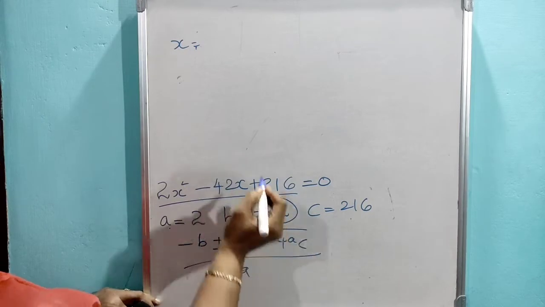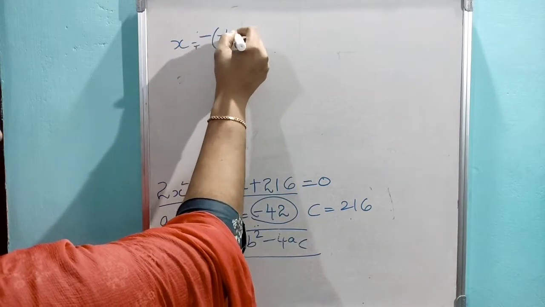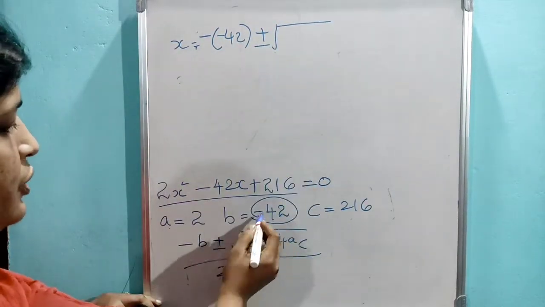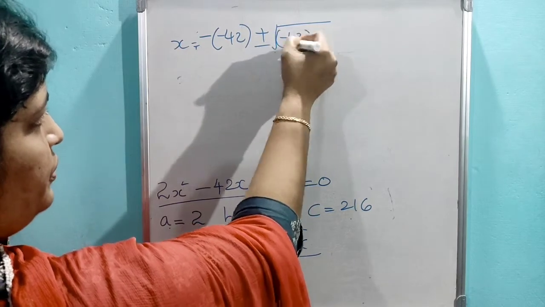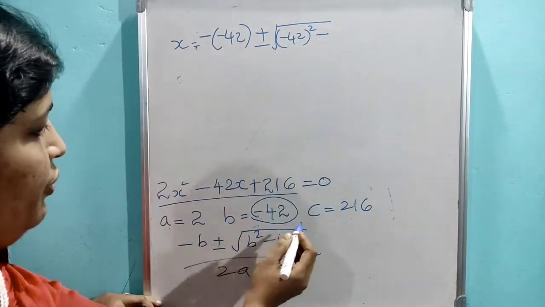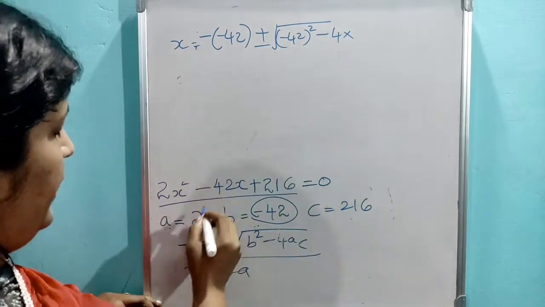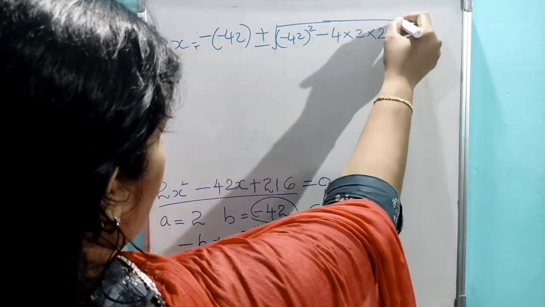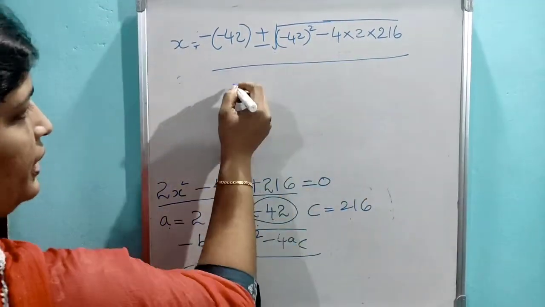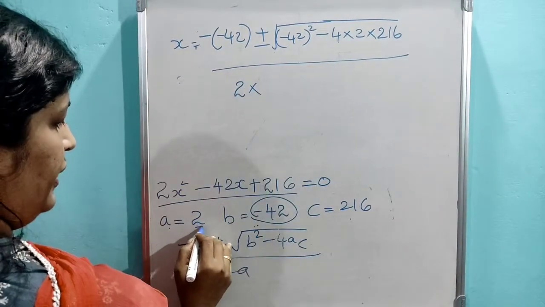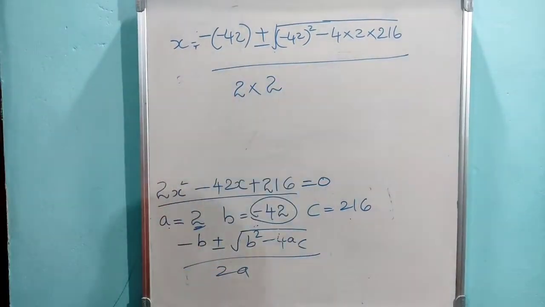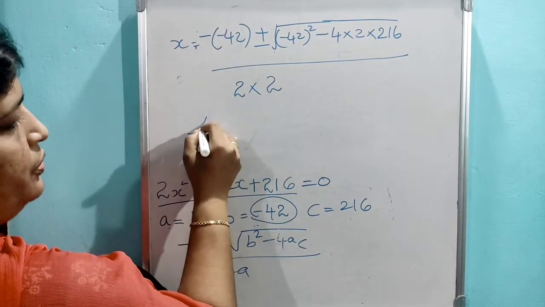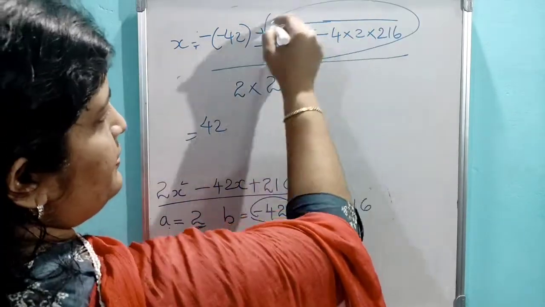B is minus 42, so minus B is minus of minus 42, that is 42. Then root of B square minus 4AC, where 4AC is 4 into 2 into 216, divided by 2A, that is 2 into 2.